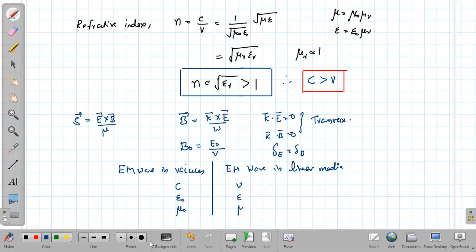We have already seen that while discussing reflection and transmission for a wave in a string. Similarly, for the electromagnetic wave, we need the boundary conditions. So in the next class, we'll discuss the boundary conditions, and thereafter we'll complete our discussion of reflection and transmission of electromagnetic waves at normal incidence. For the time being, this is enough for us.